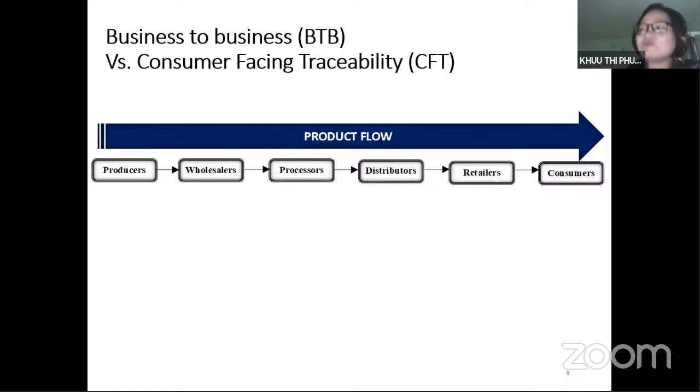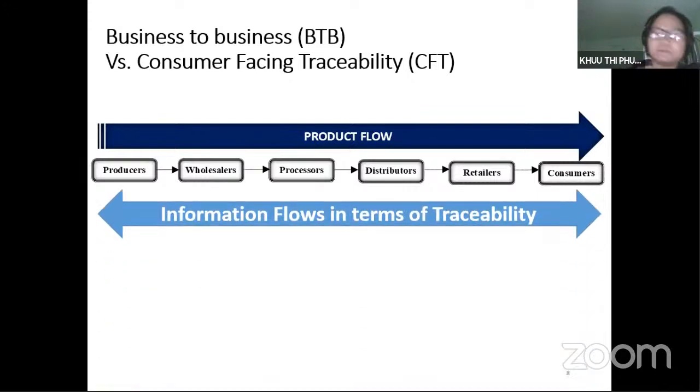After I share this slide, we can answer one of the questions from last week. Okay, the first kind of traceability system is the business to business, B2B, traceability system. And what is this B2B traceability system?